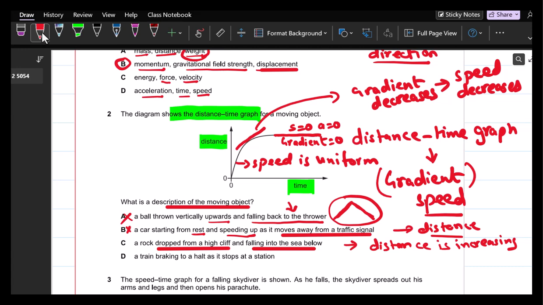Moving forward to D option, a train braking to a halt as it stops at a station. When it stops at a station, speed will be zero, and as the train brakes to a halt, speed is decreasing. The graph given here satisfies this D option. So D is the correct answer.